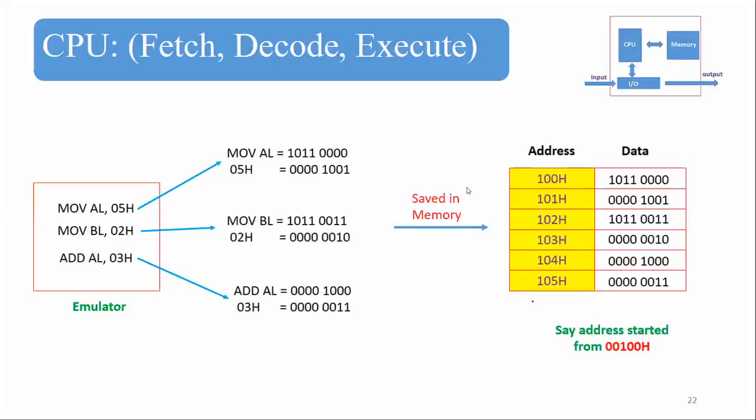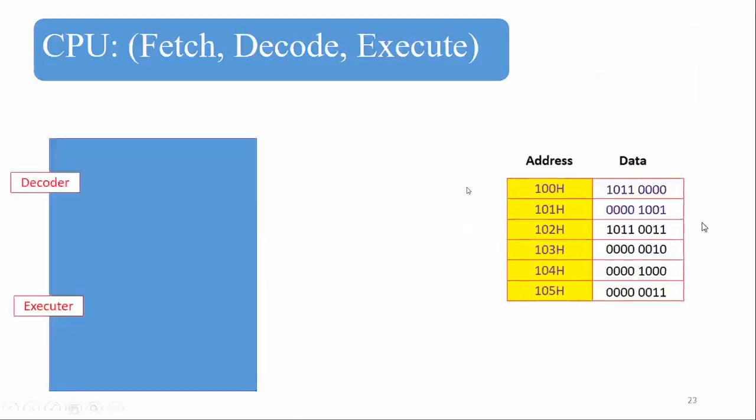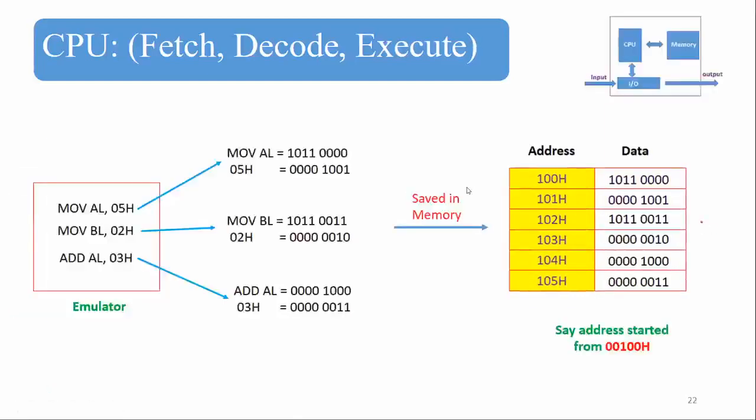Now, just for showing you, this slide has been shown before. In this way your data is saved in the memory. So whenever the CPU tries to read, it actually fetches from these addresses.